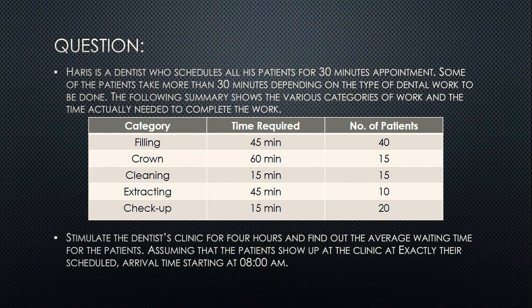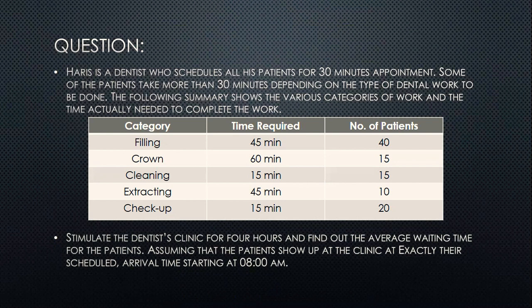Filling requires 45 minutes and there are 40 patients for this. Crown requires 60 minutes and there are 15 patients. Cleaning requires 15 minutes, extracting needs 45 minutes, and checkup needs 15 minutes.